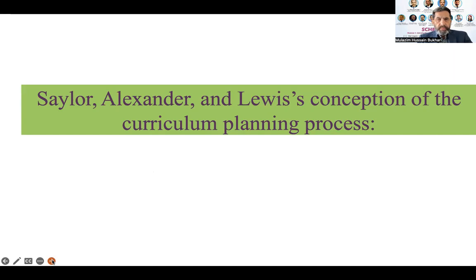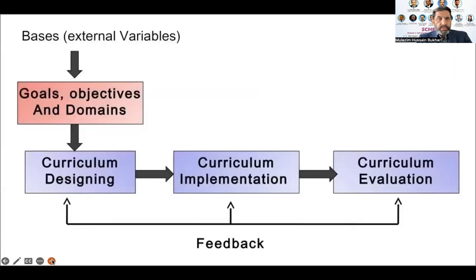Another is the conception of the curriculum planning process. The objective was connected to the curriculum designing, then the curriculum implementation. Feedback was missing in the Tyler model, but no lecture or even curriculum is better without the feedback of the students.